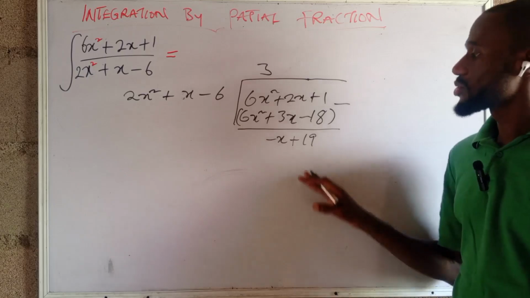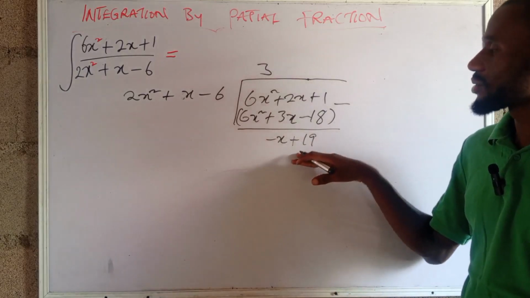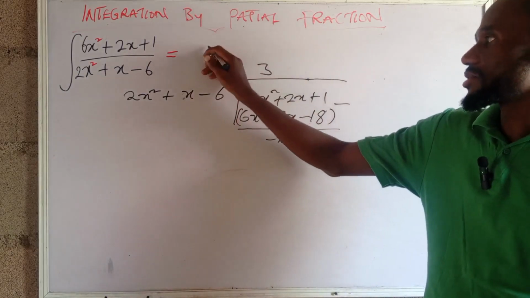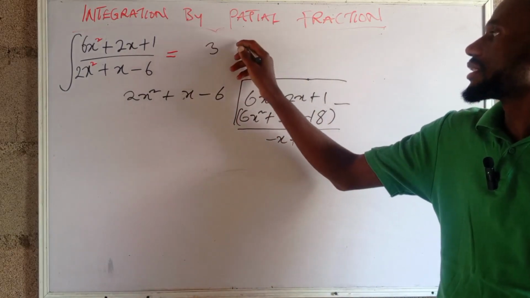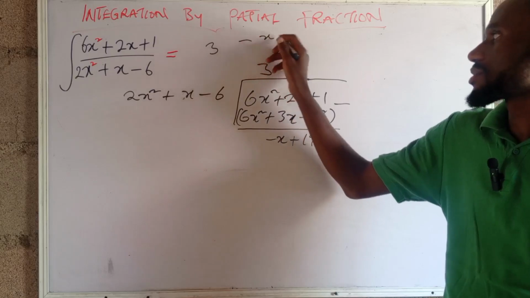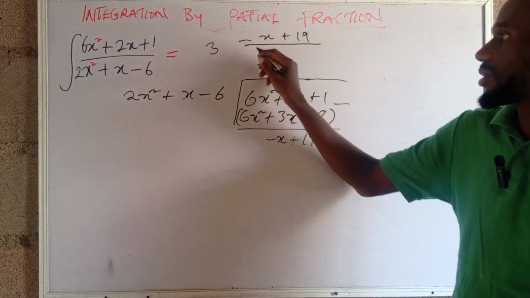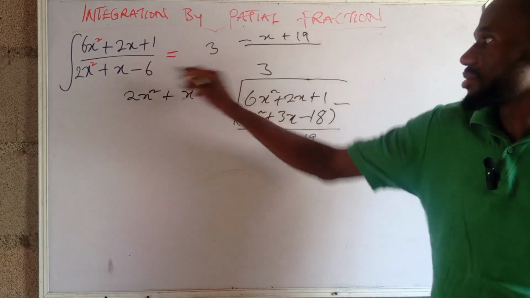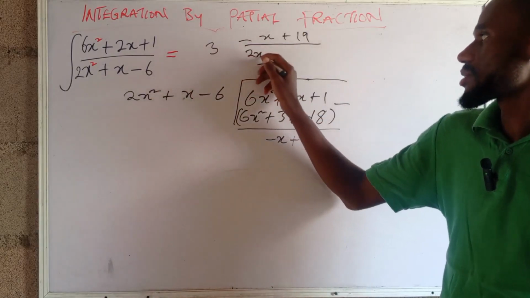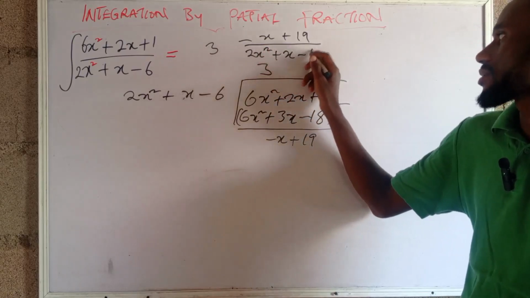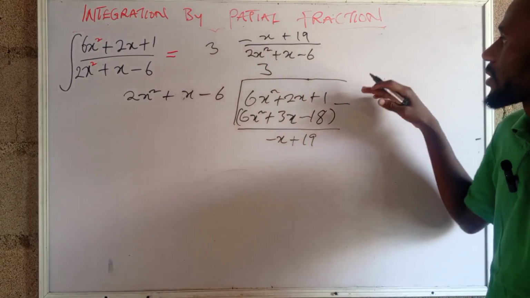Okay, since we resolved the issue, we reduced the numerator. Now we can have this equal to 3 plus minus x plus 19 all over 2x squared plus x minus 6.